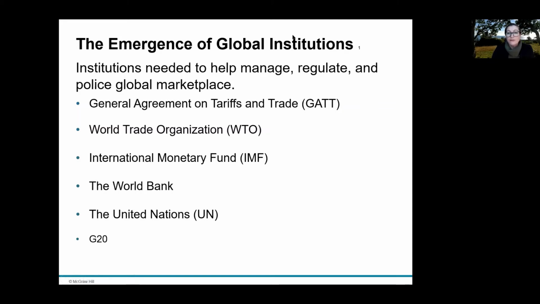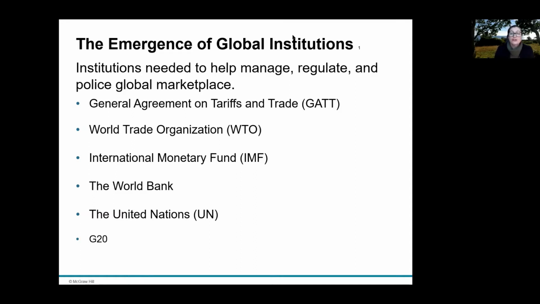Because of the rise of globalization, institutions have emerged to facilitate the process. These institutions have emerged to help manage, regulate, and even police this emergent global marketplace.